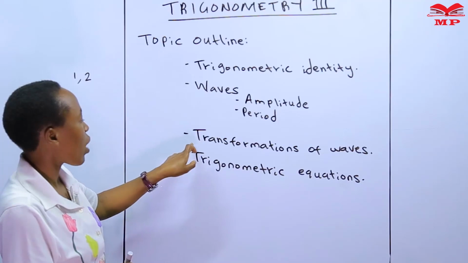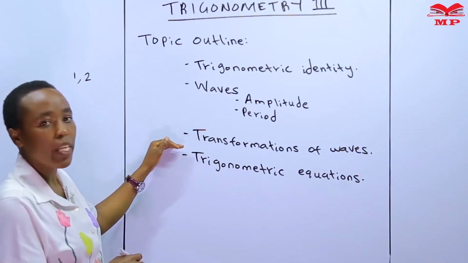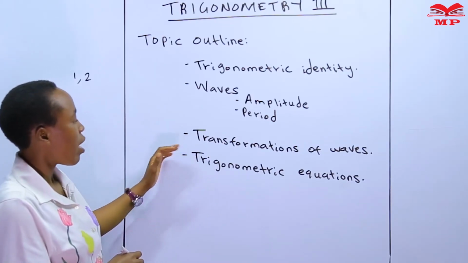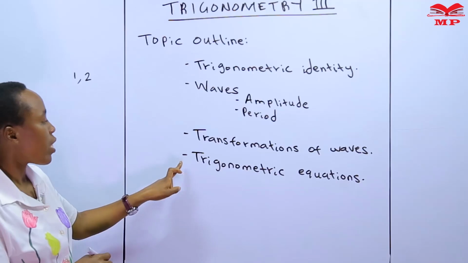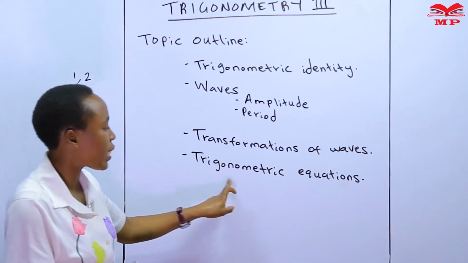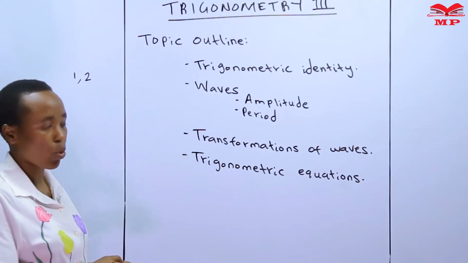Then we look at the transformations of waves, whereby we plot the transformed waves and describe the transformations. Then we'll also look at the trigonometric equations, whereby we are going to solve these equations.